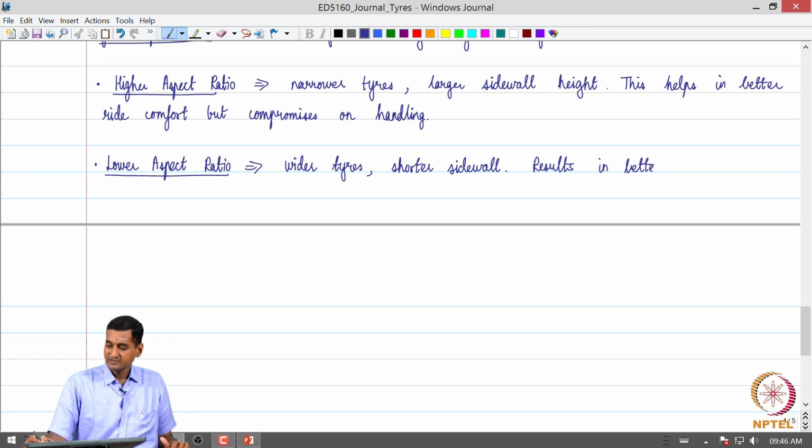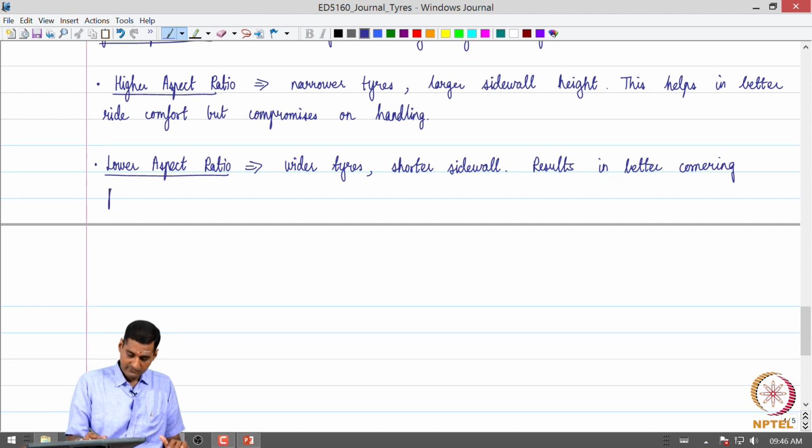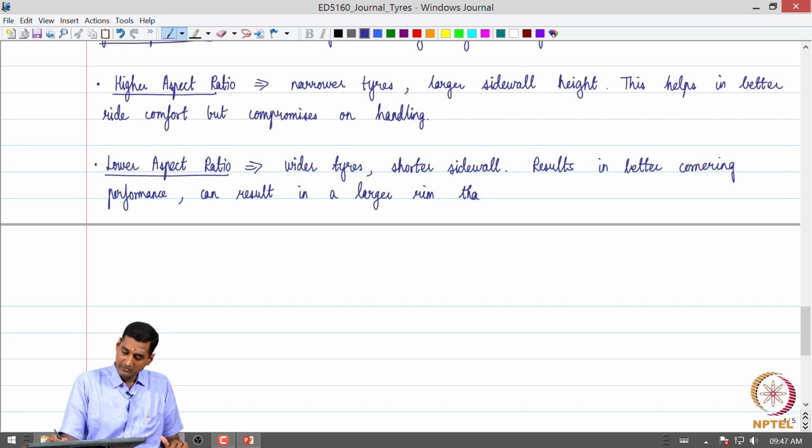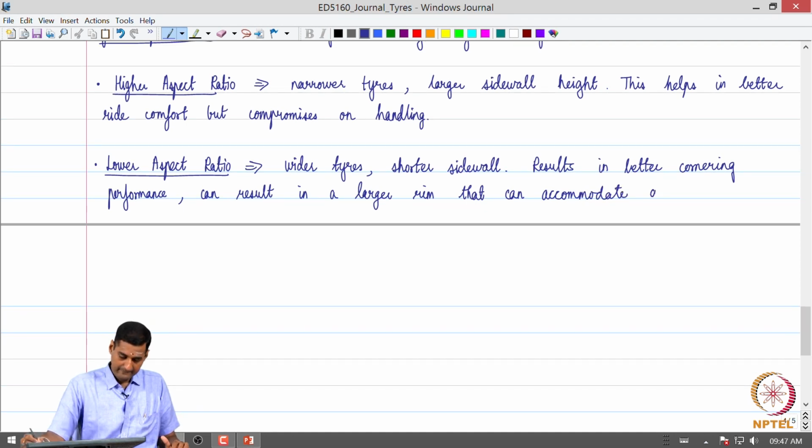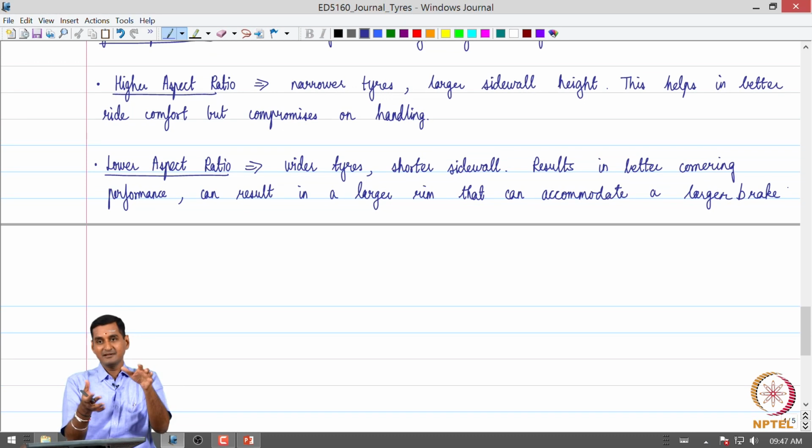It can also result in a larger wheel rim that can accommodate a larger brake, because please note that the brake assembly is included inside the wheel assembly.